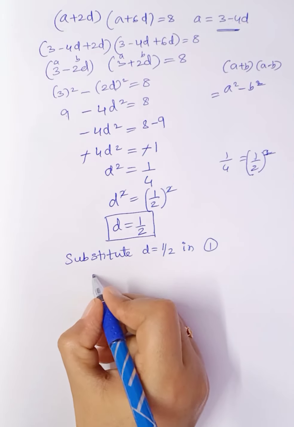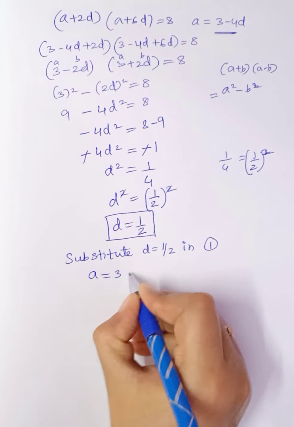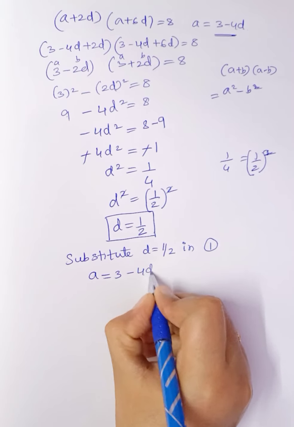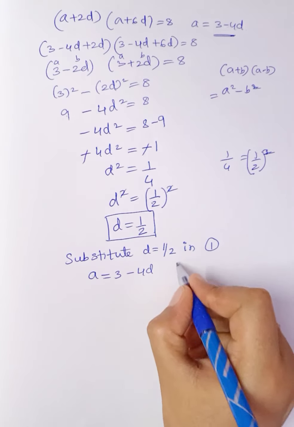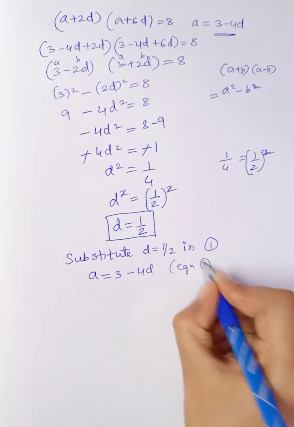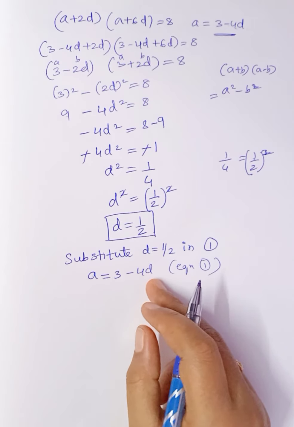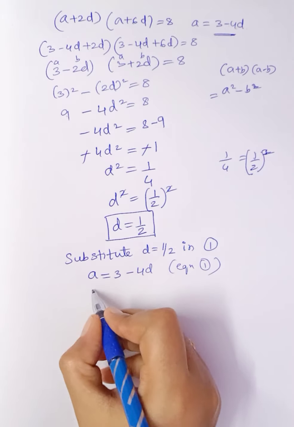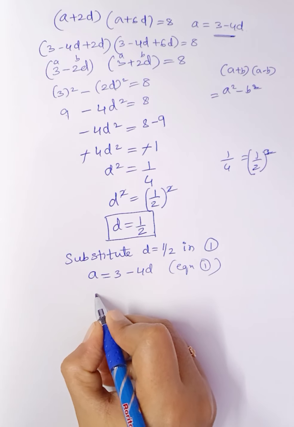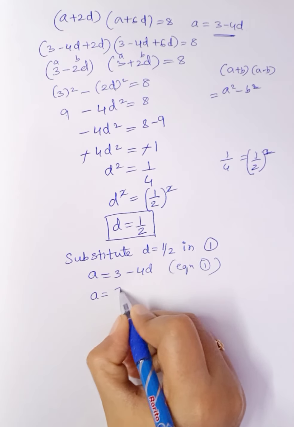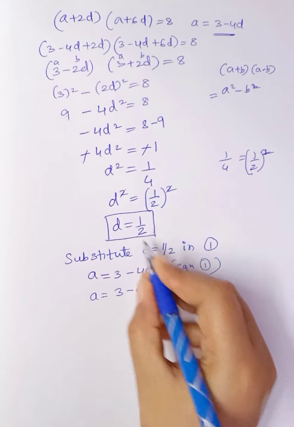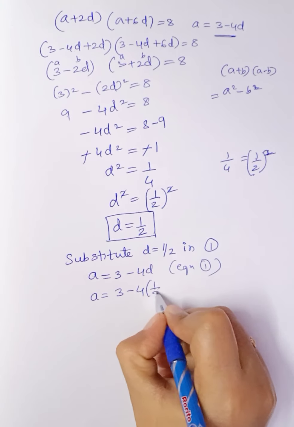So let me take equation number 1 here. a equals 3 minus 4d. This is equation 1. So I am going to write it in brackets, equation 1, for easy understanding. Now a equals 3 minus 4, the value of d is 1 by 2.